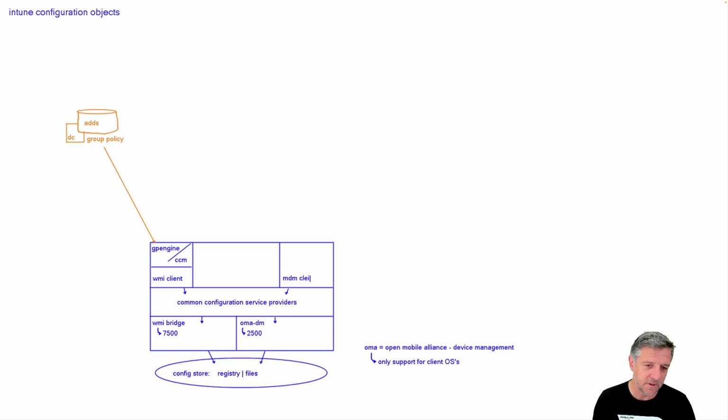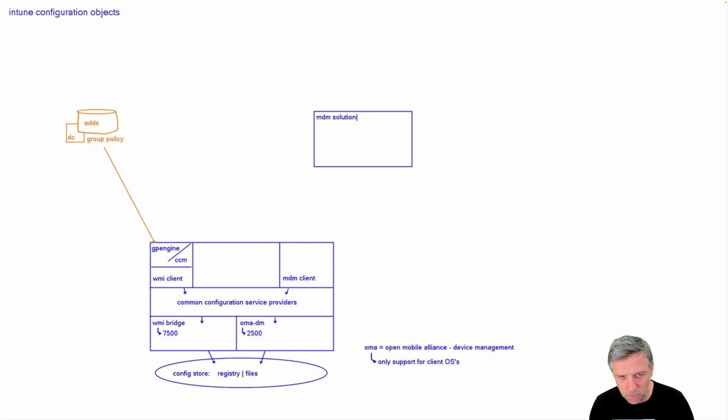On the other side, we have another client component in Windows, the mobile device management client. The mobile device management client is here to communicate with Intune, or more specifically, with mobile device management solutions. Intune obviously is the best one, but there are also others. The client receives settings from mobile device management components.